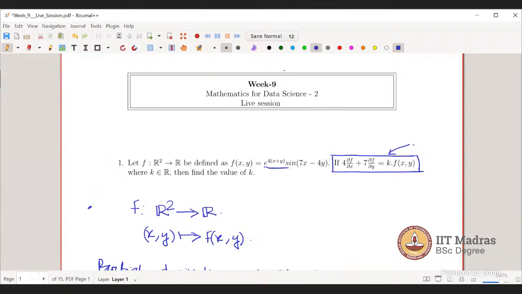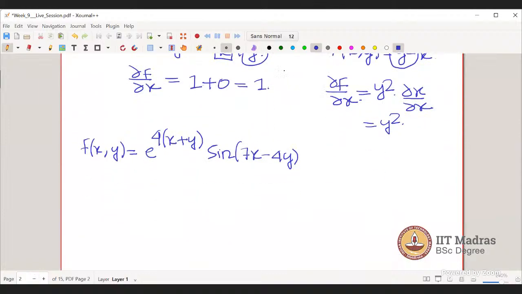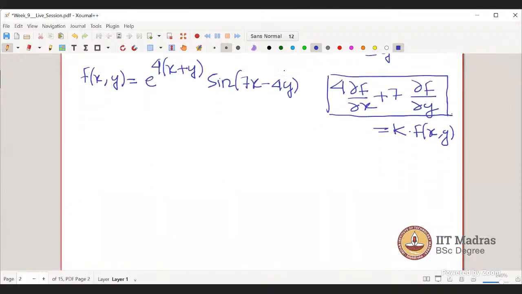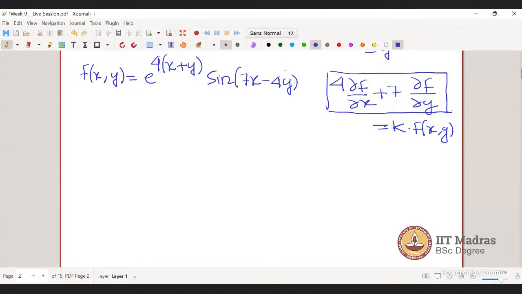An equality is given: 4 times the partial derivative of f with respect to x plus 7 times the partial derivative of f with respect to y is k times f of x, y. So first we'll try to compute the partial derivative with respect to x.